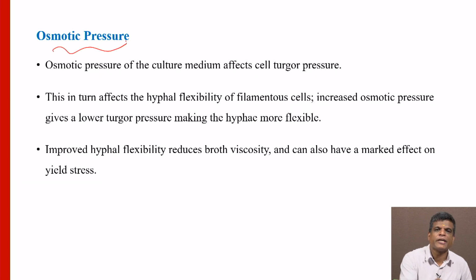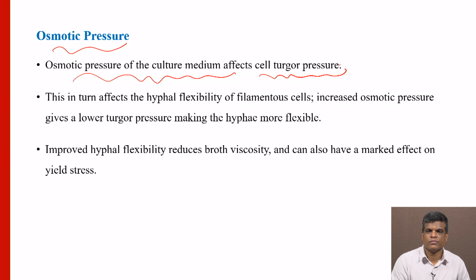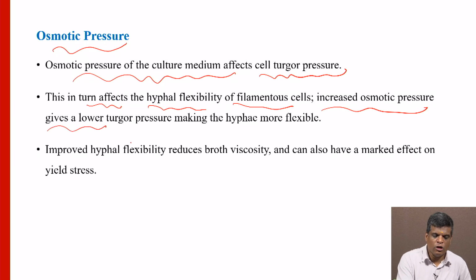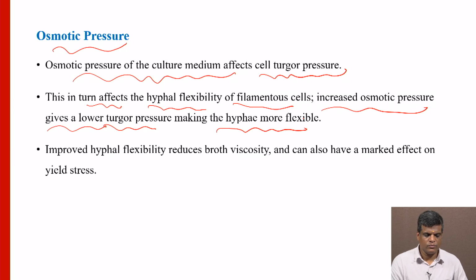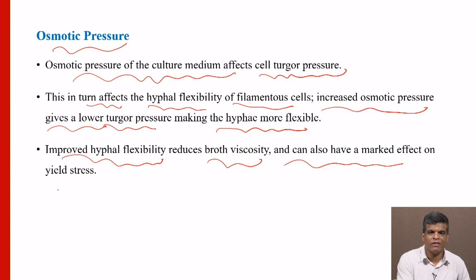The osmotic pressure of the culture medium also affects the cell turgor pressure, which in turn affects the hyphal flexibility of the filamentous cell. When the osmotic pressure increases, it gives a lower turgor pressure, making the hyphae more flexible. The improved hyphal flexibility reduces the broth viscosity and also has a marked effect on the yield stress.